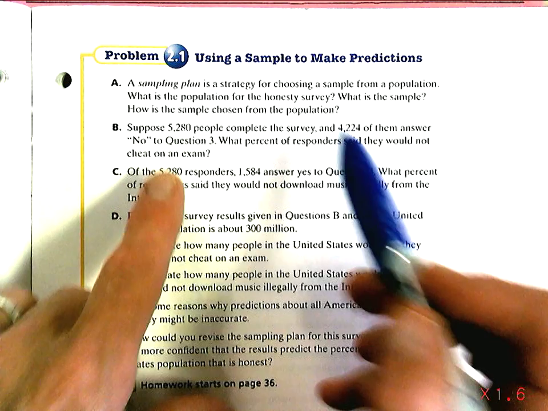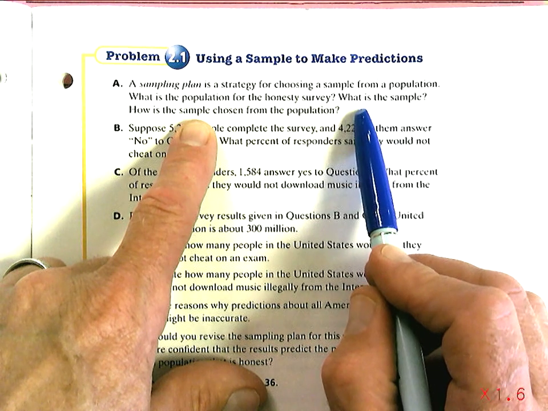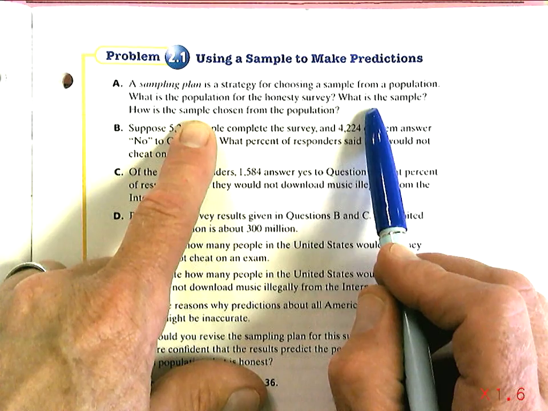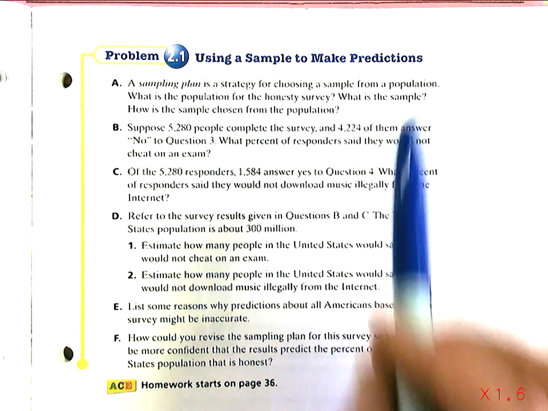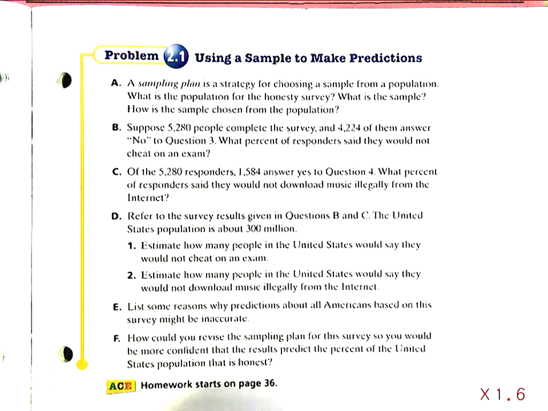So we have the whole United States, and the sample are those particular people that actually volunteer to answer the survey. They go online and answer the survey. So if I were going to answer this question, these 2 questions, I would answer them just like we just talked about.